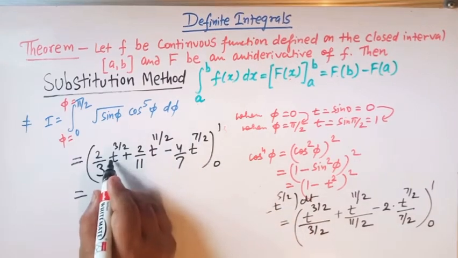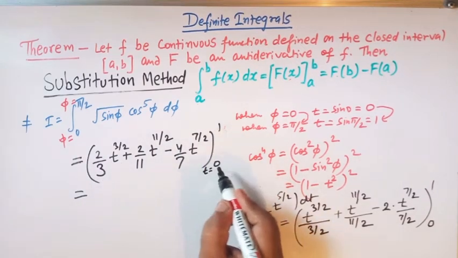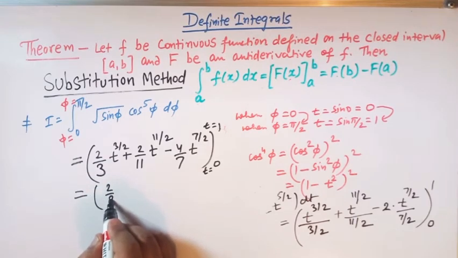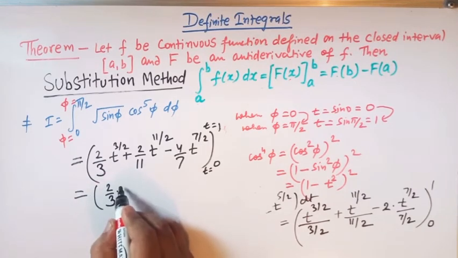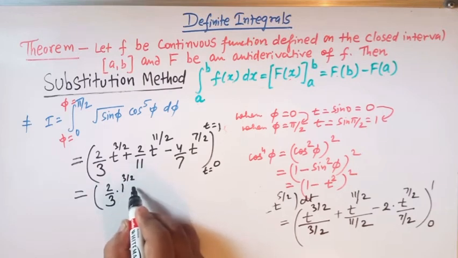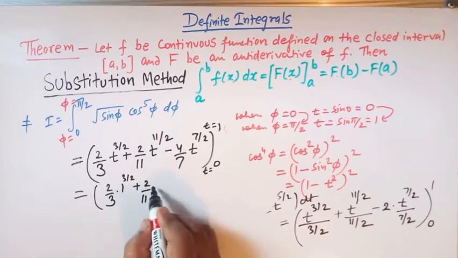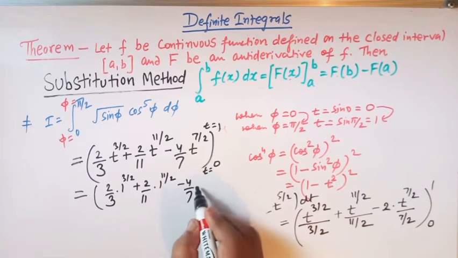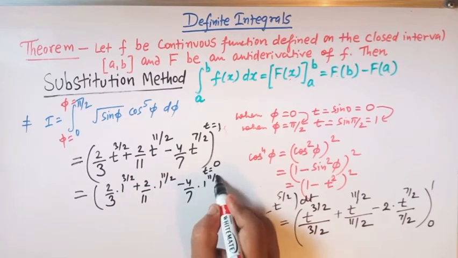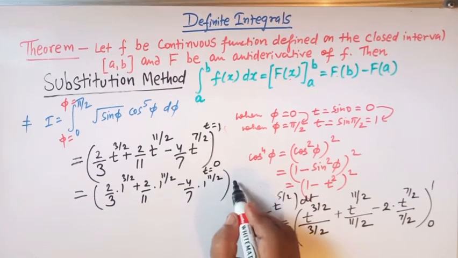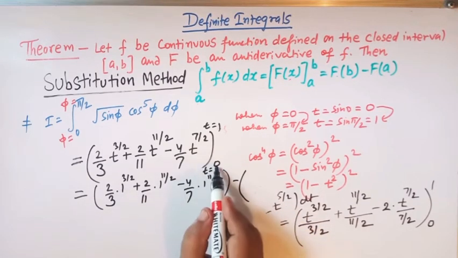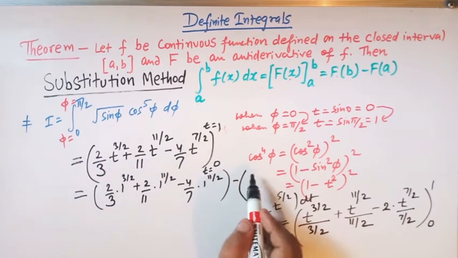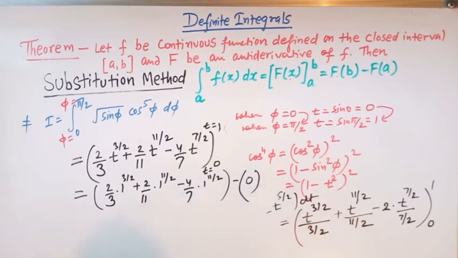Now we substitute t is equal to 1: 2 by 3 times 1 raised to 3 by 2 plus 2 by 11 times 1 raised to 11 by 2, and 4 by 7 times 1 raised to 7 by 2, minus, and if we substitute 0 here, then all three terms will become 0.